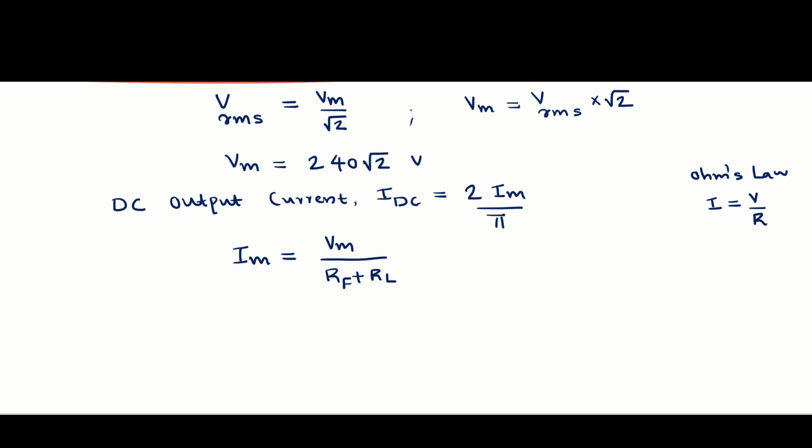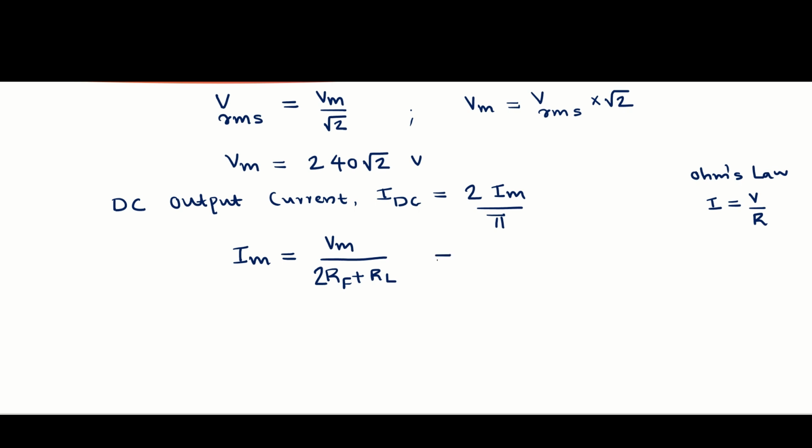Recollecting the working of the bridge full wave rectifier, when omega t goes from 0 to pi, two diodes are conducting, and the current flows through these two diodes and the load resistor also. So the total resistance offered by that path is 2Rf plus Rl. So I can write the maximum output current Im is equal to maximum voltage divided by 2Rf plus Rl.